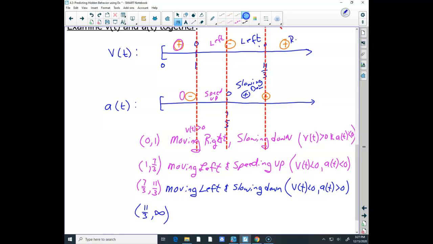Well, I'm moving right, because velocity is positive, and acceleration is positive, so I'm speeding up because these two are the same. That's what's making me go right, and the combination of acceleration and velocity together makes me speed up. So I'm moving right and speeding up.